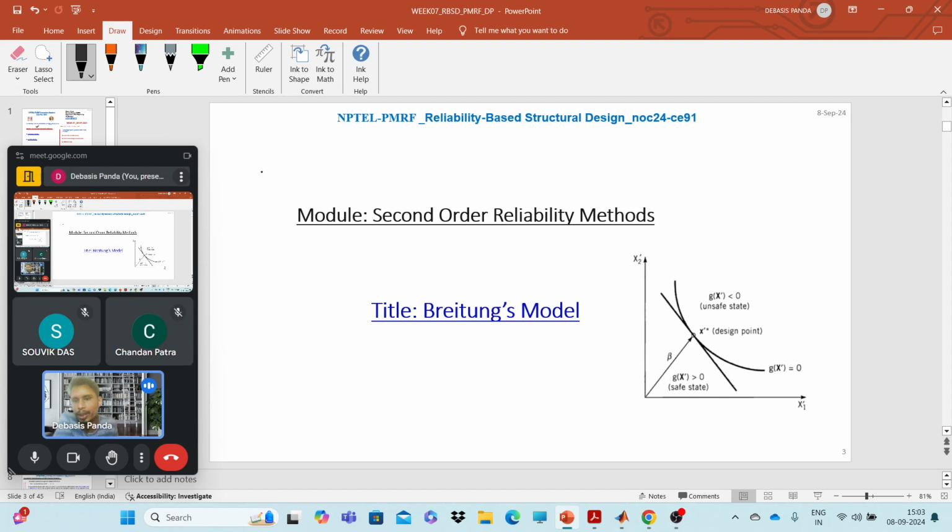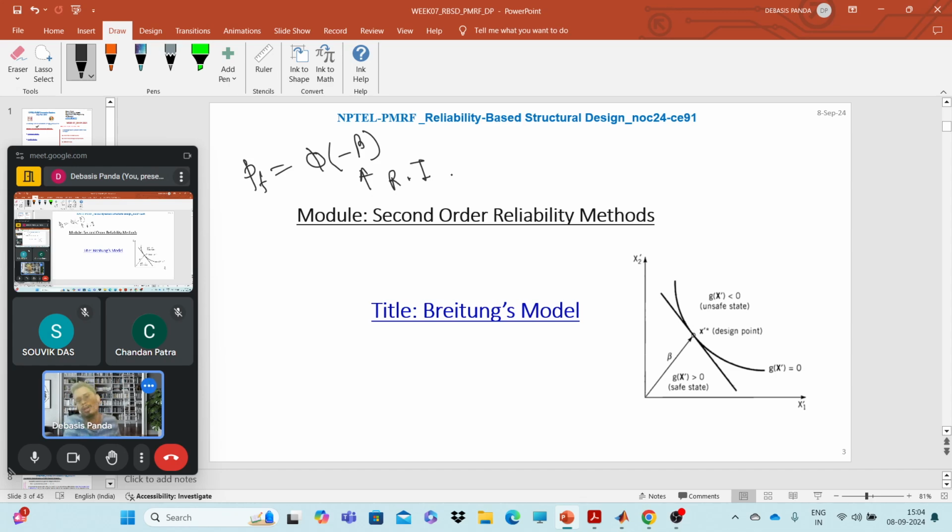In FORM, recall that the probability of failure PF is calculated as the standard normal variate phi of minus beta, where beta is the reliability index, and we solved FORM using the Hasofer-Lind reliability index.